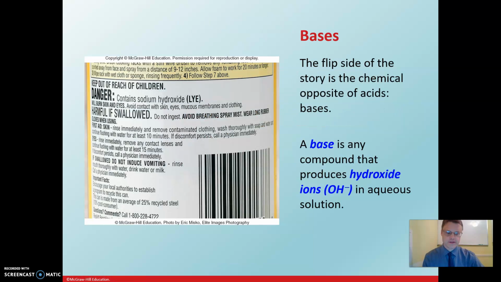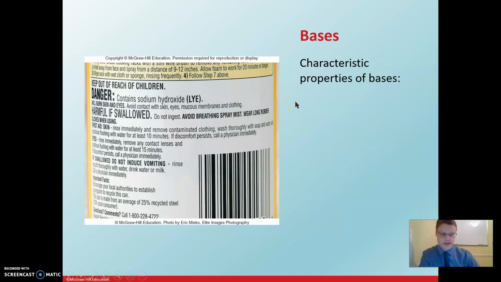All right, so let's talk a little bit about bases. They are the opposite of acids, and a base is any compound that can produce hydroxide in aqueous solutions. Some properties of bases are they have a bitter taste, but don't try to taste a base because it can do bad things to you.